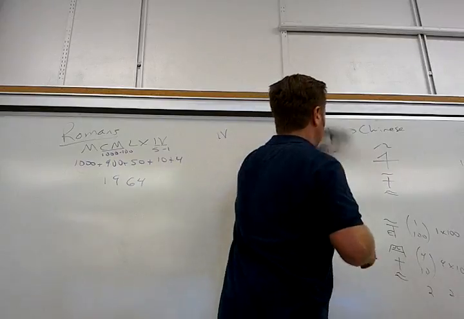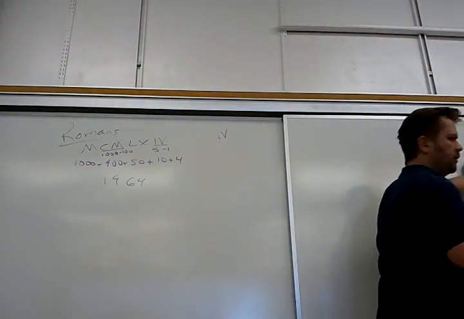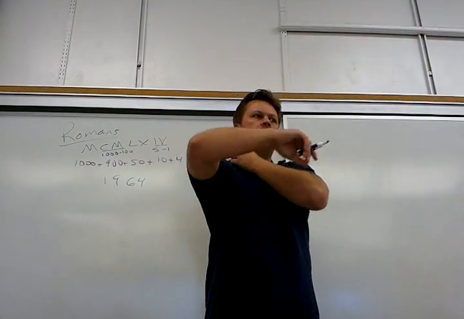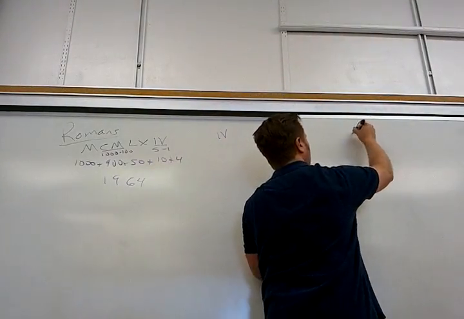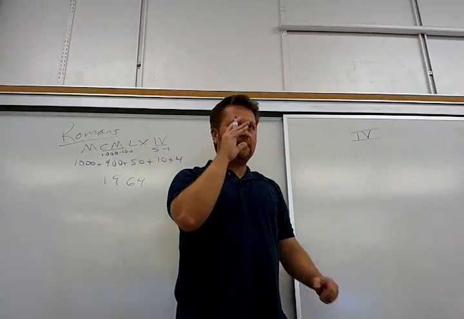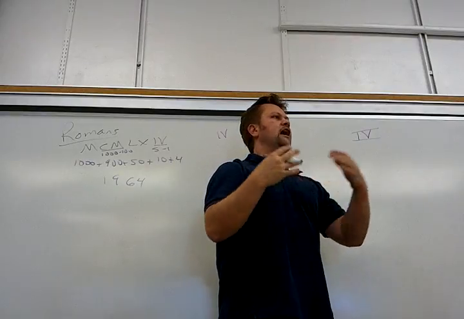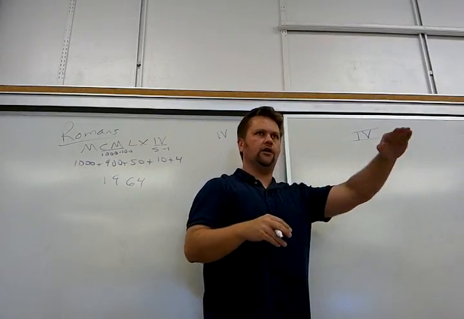The next thing here is the one symbol I didn't talk about, I don't think, is how they make larger numbers. And this is why I'm very careful not to write it like this. You always see them written like this. That's misleading, because the symbol for making something 1,000 times bigger is a line over the top.